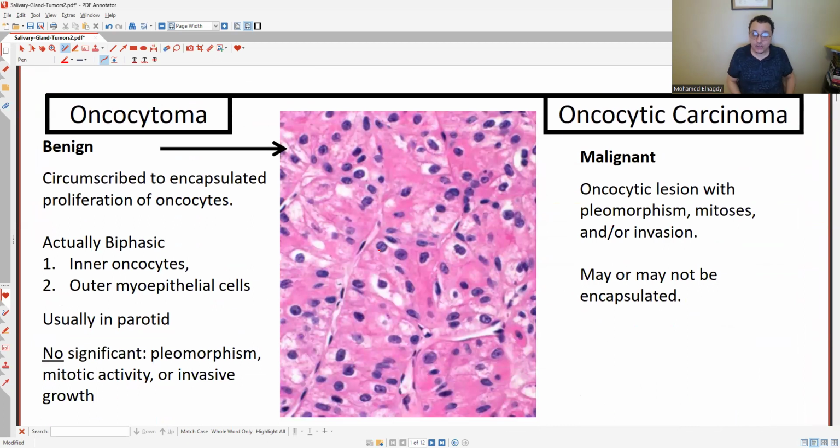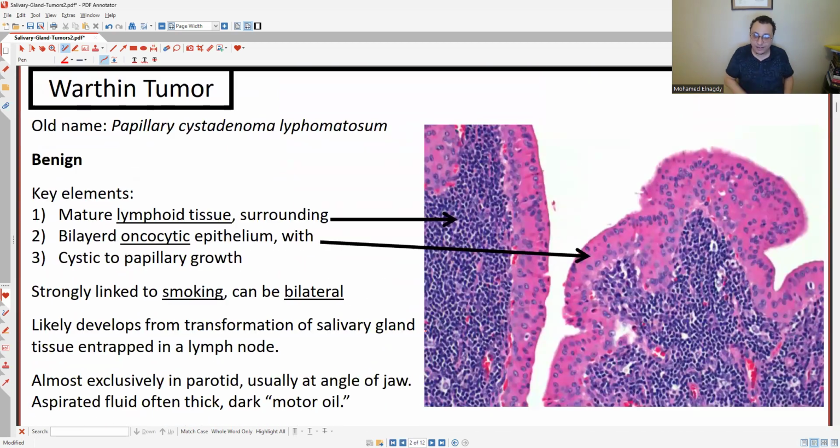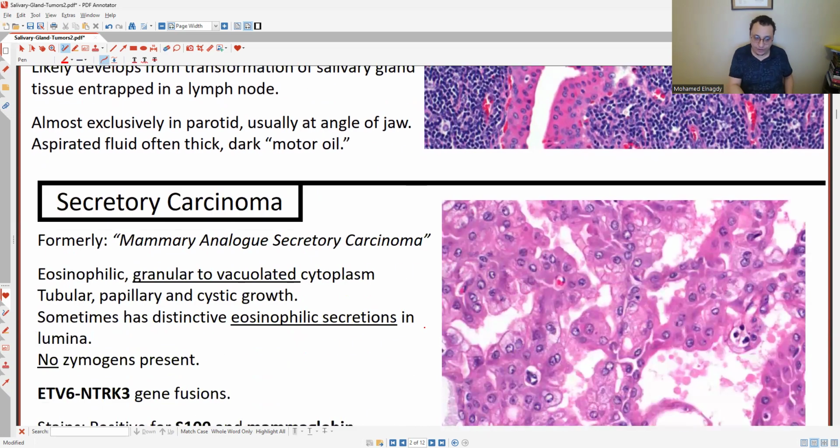In case you see solid nests of oncocytes, that's what? That's oncocytoma. Watch for pleomorphism and mitosis. It becomes oncocytic carcinoma, and it usually comes from oncocytoma. That's the first one. Then, if you have the lymphoid tissue, the mature lymphoid tissue surrounded by the double layer of oncocytes, that's what? That's Warthin tumor, okay?